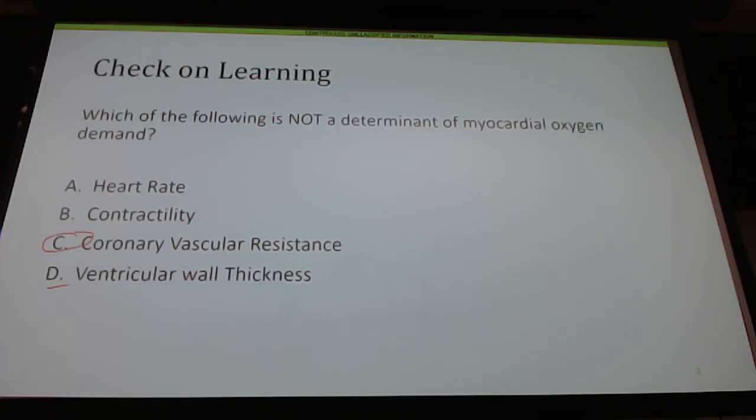So I have stronger muscle in that area, so I don't have to exert as much work to maintain that integrity because I have basically more cells in that area to maintain that integrity. So coronary vascular resistance, so this is based on how clamped down, is it vasodilatory or vasoconstriction? That will impact the amount of blood with oxygen coming into that area, right? So that is a supply factor.